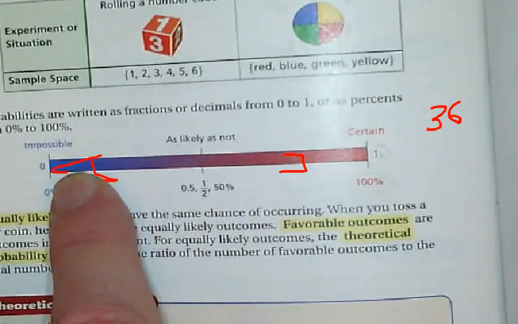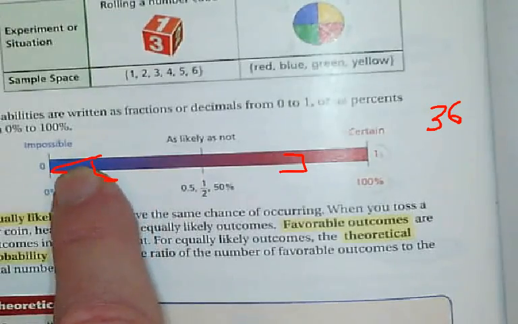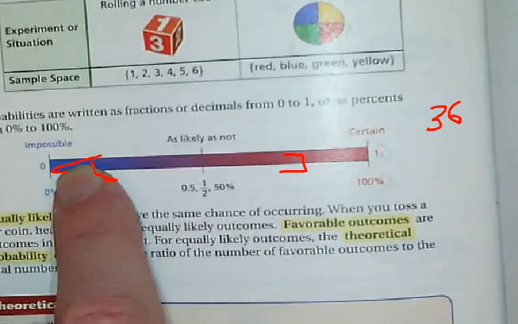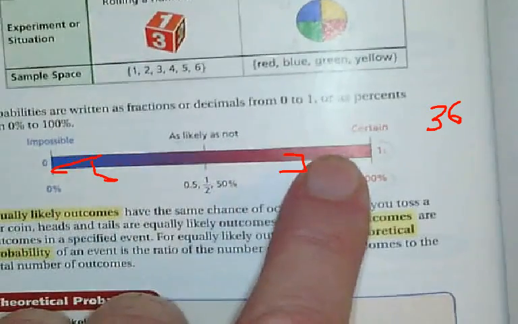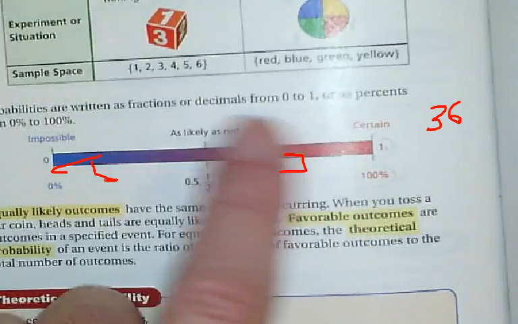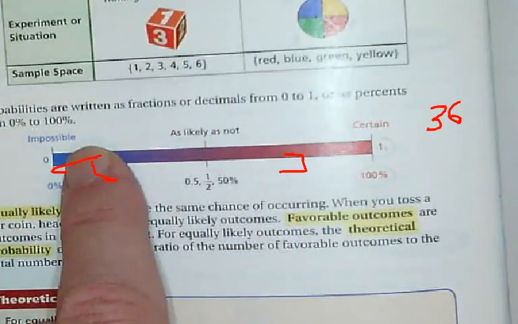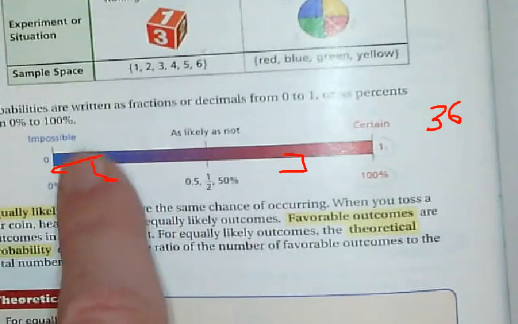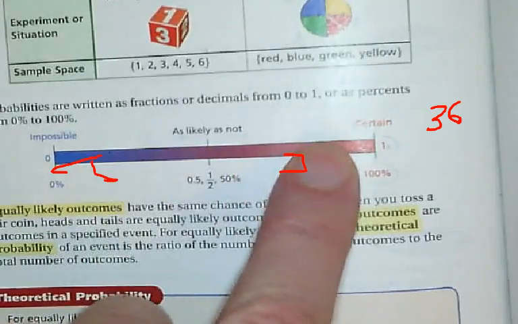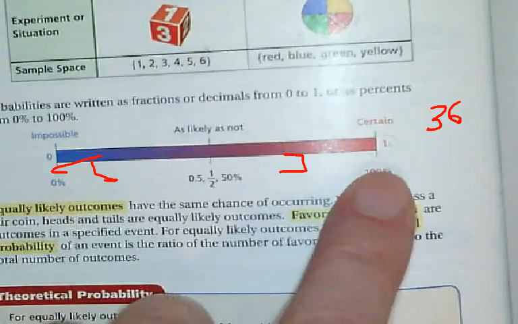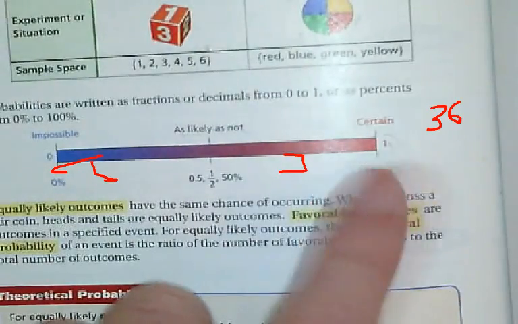So if we had a really tiny fraction, like 1/12, that wouldn't happen very often. But if we had a really big fraction, like 7/8, well, that's going to happen. Same thing with percent. If it was 3% or 11%, we'd say that's not very likely. But if we had 88% or 93%, then we'd say that's pretty certain. That's going to happen pretty close to all the time.